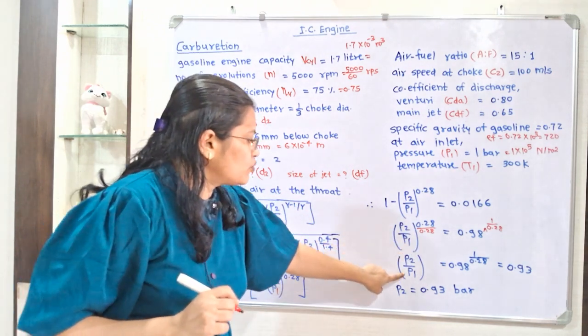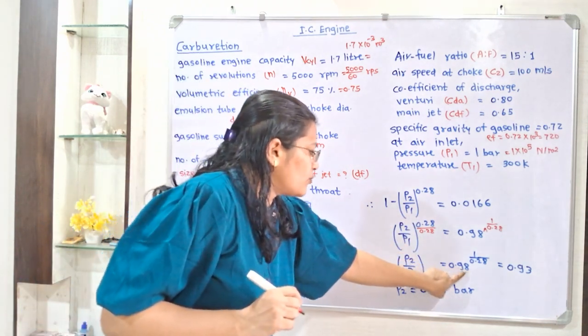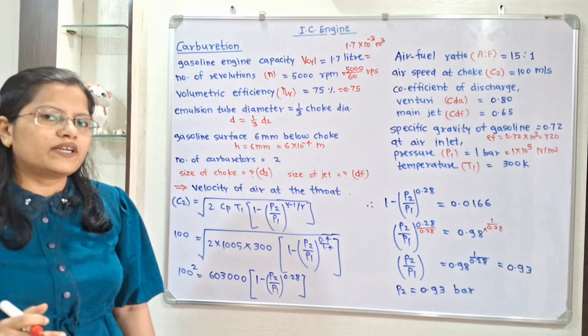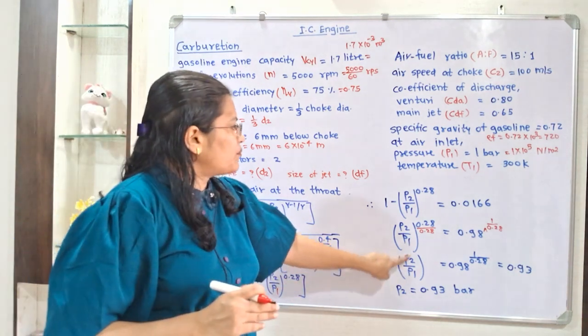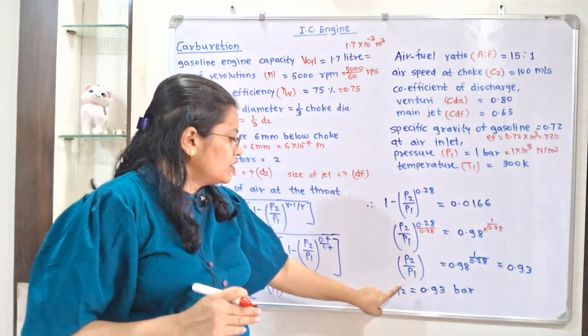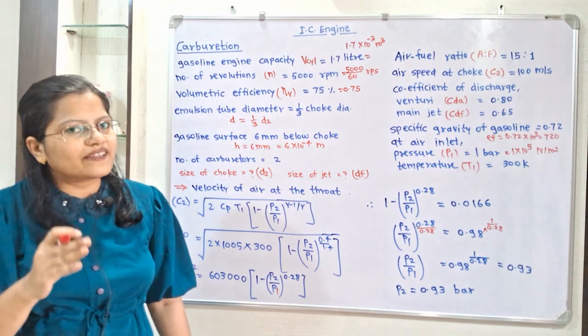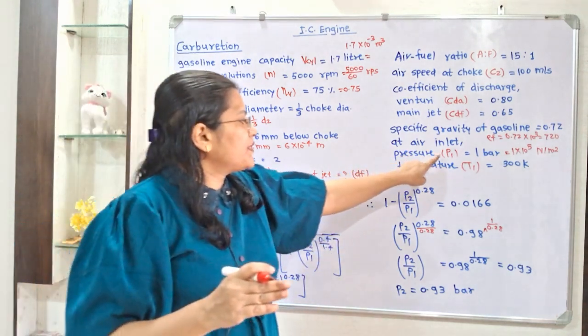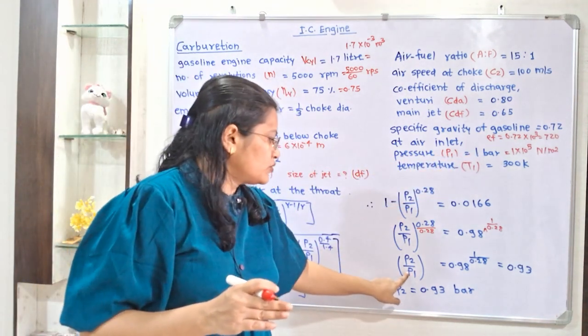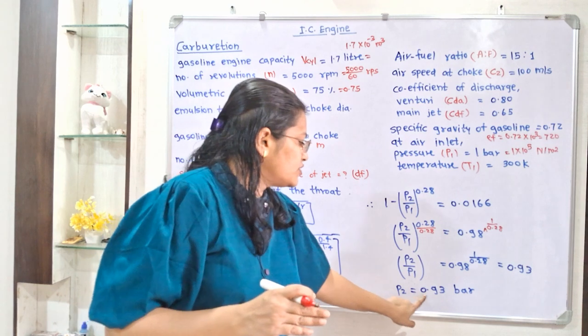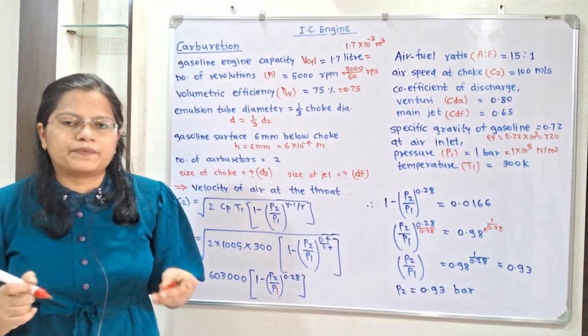So only P2 by P1 remains, which is equal to 0.98 raised to 1 by 0.28, which is equal to 0.93. The pressure at point 1, P1, is given. So P2 is equal to 0.93 bar. Why the unit bar? Because P1 is equal to 1 bar. So same unit: if we multiply with 1 bar, then P2 is 0.93 bar.